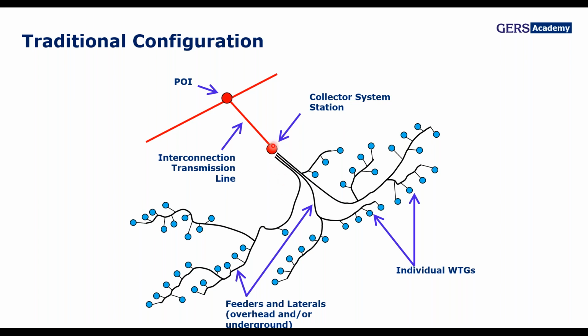Reactive compensation is also important. Some of the customers or investors prefer to have compensation at the collector system station in order to provide reactive power and avoid the reactive power produced by the inverter. Some of them are fixed compensation, some others switchable units, and there are a few that we have seen with SVC or STATCOM in order to have dynamic compensation at the collector system station.